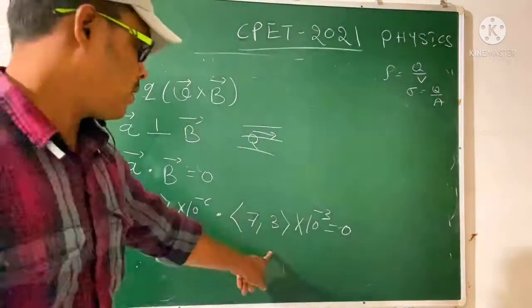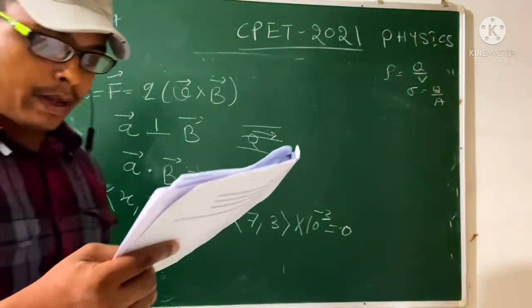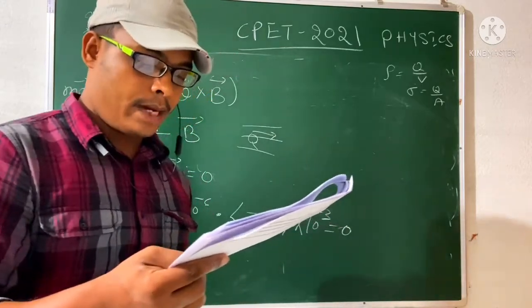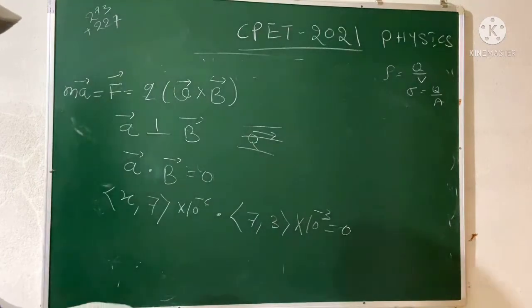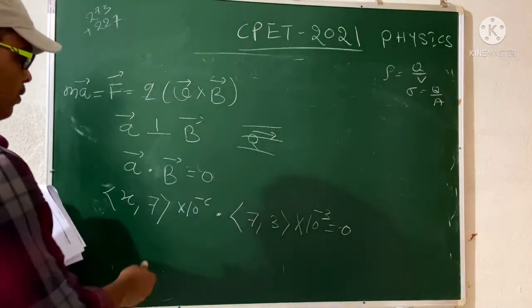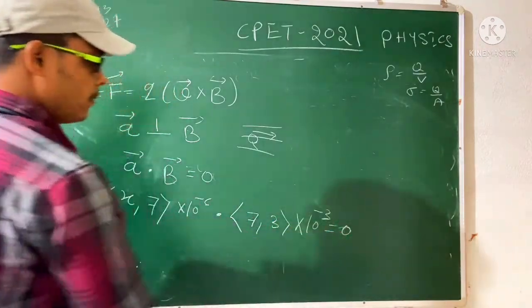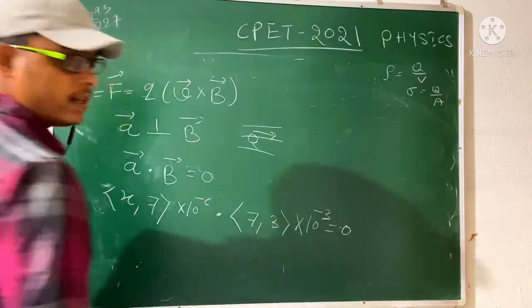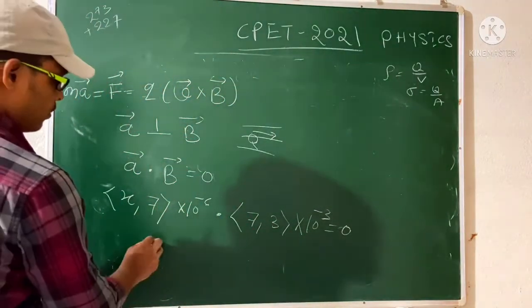Okay, so this is your acceleration and this is your magnetic field. The acceleration is x7 into 10 to the power -6 and your magnetic field is 73 10 to the power -3. Now you multiply this. So that is 10 to the power -6 times 10 to the power -3, which is 10 to the power -9, that will be 0, so you forget about this.